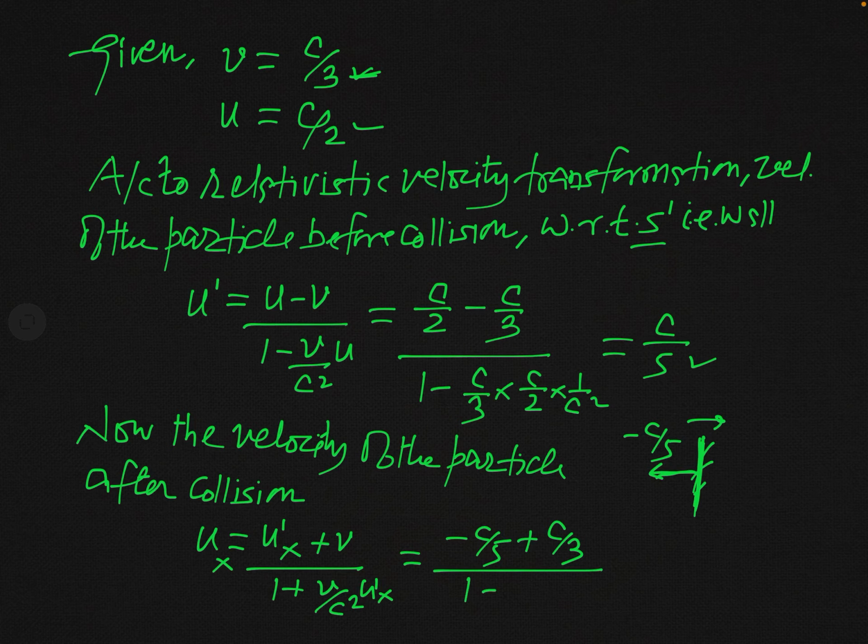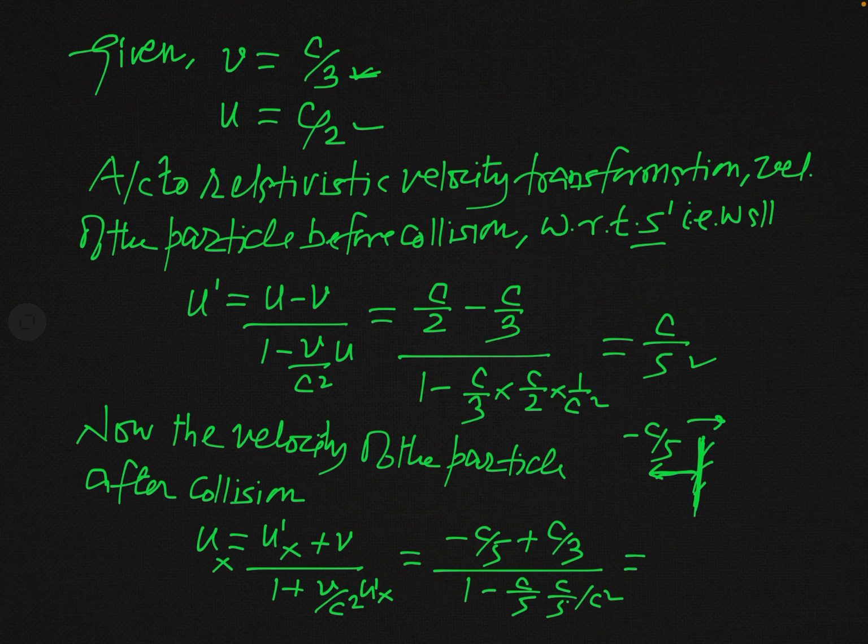Due to this minus sign, here will be minus c by 5 into again minus c by 5, and this is c by 5 divided by c square.